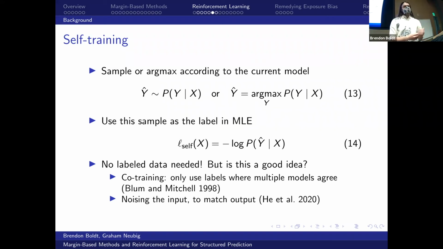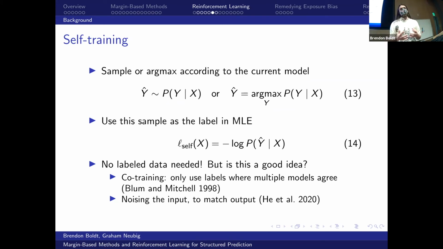On one hand, this is turning unlabeled data into labeled data, which is great. But on the other hand, this isn't going to get you very far, because if you're already labeling some of your data incorrectly, you're just going to be reinforcing those errors. So this relies, at least in part, on your model having a requisite level of accuracy.